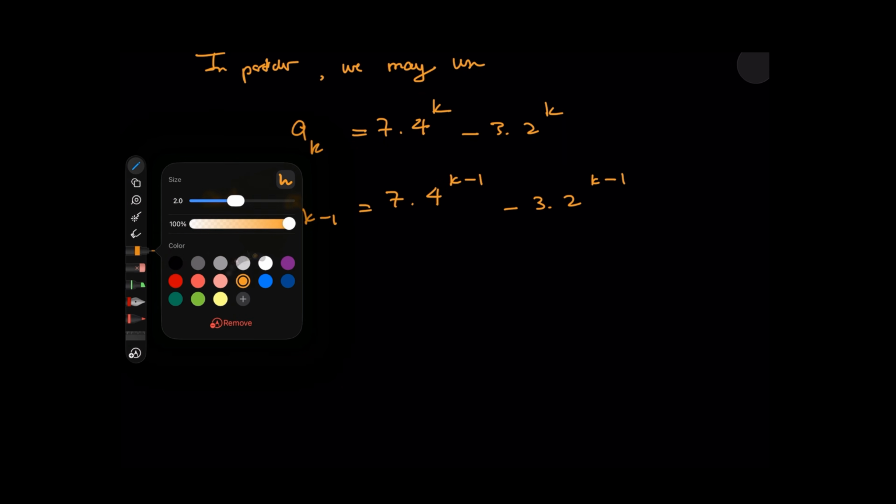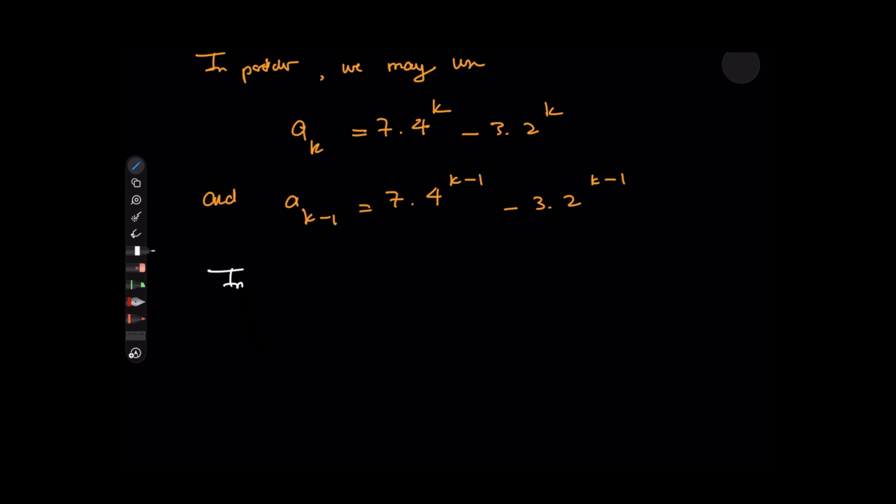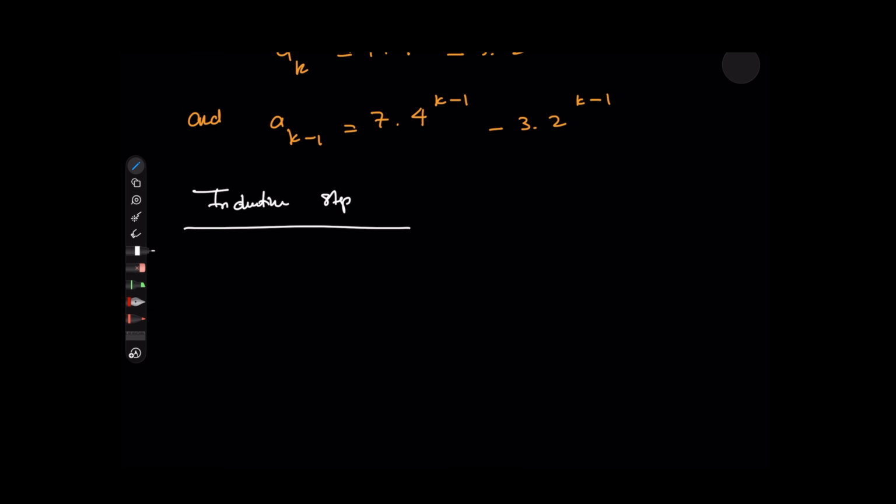So I have to use back all of this. So this is the inductive step. So we must show that the formula, the formula from before, holds for n is equal to k plus 1.